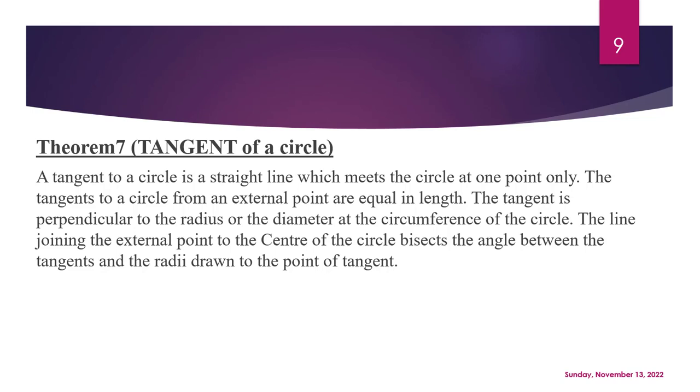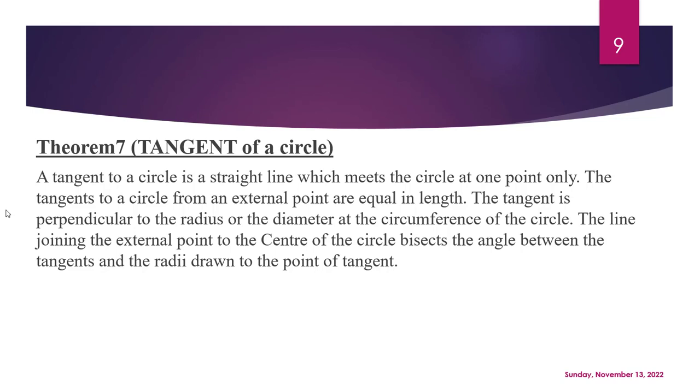The tangents to a circle from an external point are equal in length. We are talking about 2 tangents, and that is why we have made it plural. That is one property of a tangent.